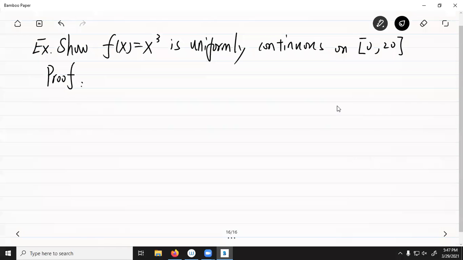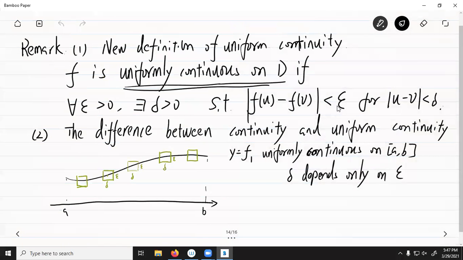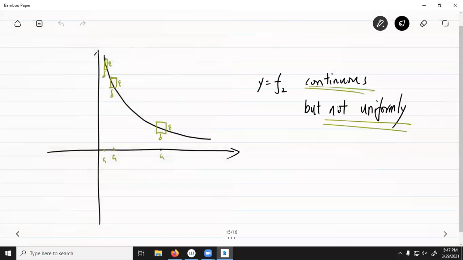So the steps are very similar. We still need to look at f of u minus f of v. That is u cubed minus v cubed. The same thing, we need to factor out u minus v, because our definition needs this u minus v.